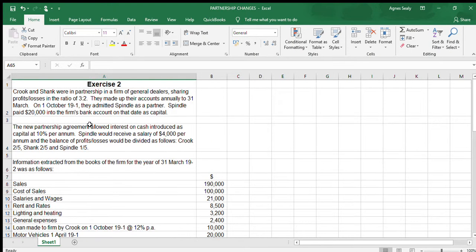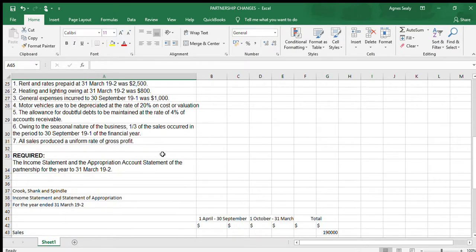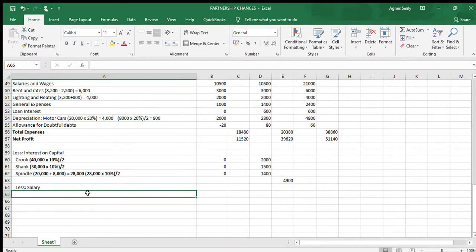So when we look at the question here, neither Crook nor Shank is being given any salary, but when we come to the new agreement, it has been agreed that since we're bringing in Spindle, he will be given a salary of $4,000 per annum. So the only person that is receiving salary is Spindle, and that is $4,000 per annum.